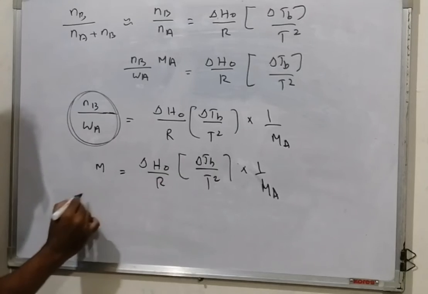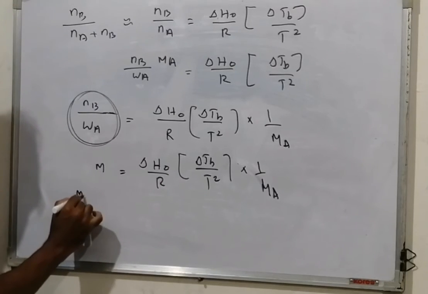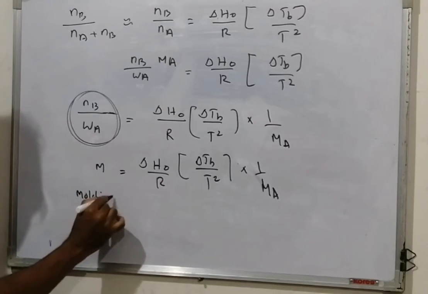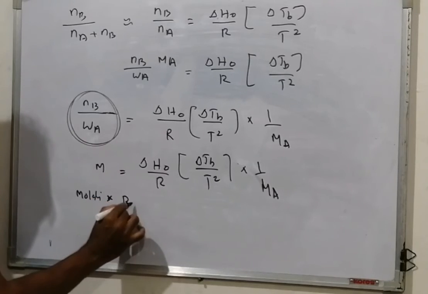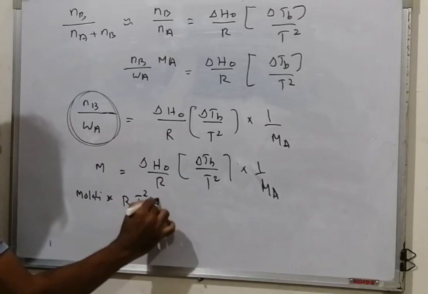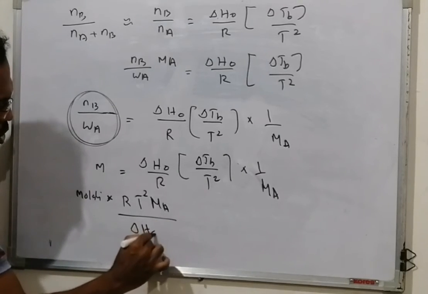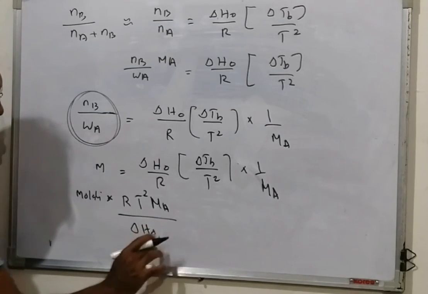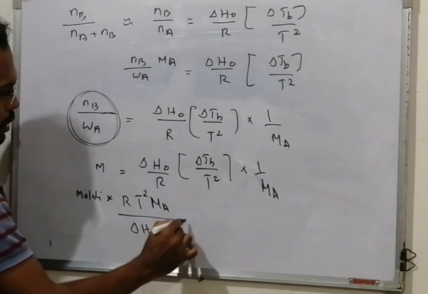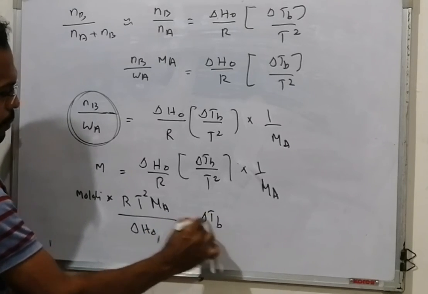Keep delta TB here. Therefore, m molality into R T square MA divided by delta H0 is equal to delta TB.